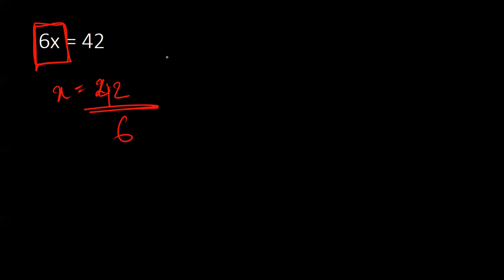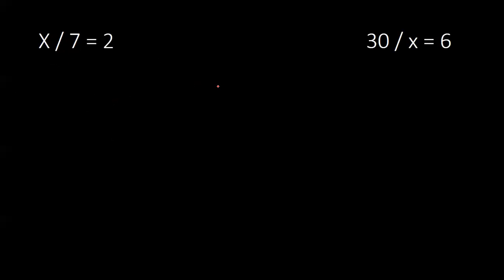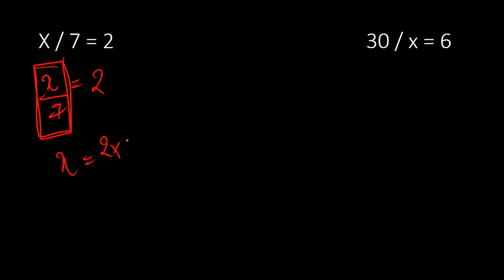So that's the answer, which is equal to 7. Now we'll move on to division. So in division, x by 7 is equal to 2. So as I said, if something is getting divided here, it will become multiplication on the other side. So x equal to 2 into 7, which is equal to 14.